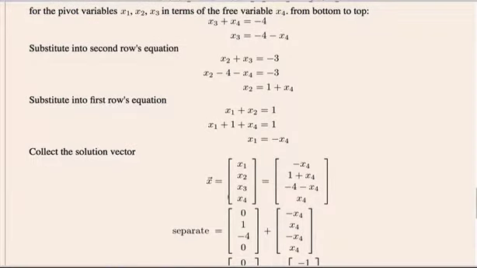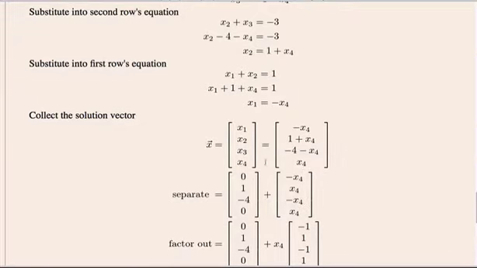Then we collect the solution vector, the components x1, x2, x3, x4, written in terms of the x4 variable. Then we separate the constants. We have 0, 1, minus 4, 0, and the x4, minus x4, x4, minus x4, x4.